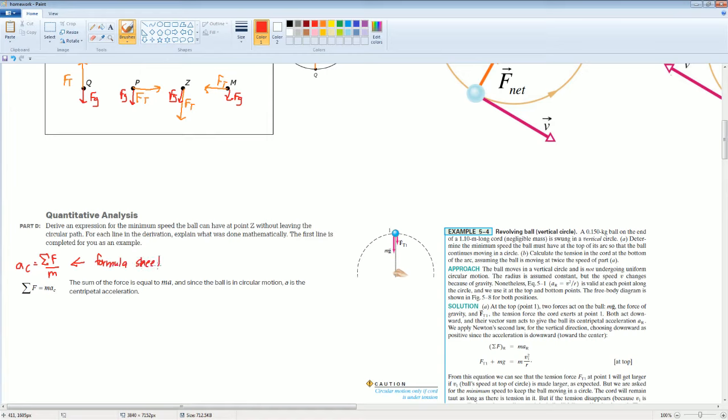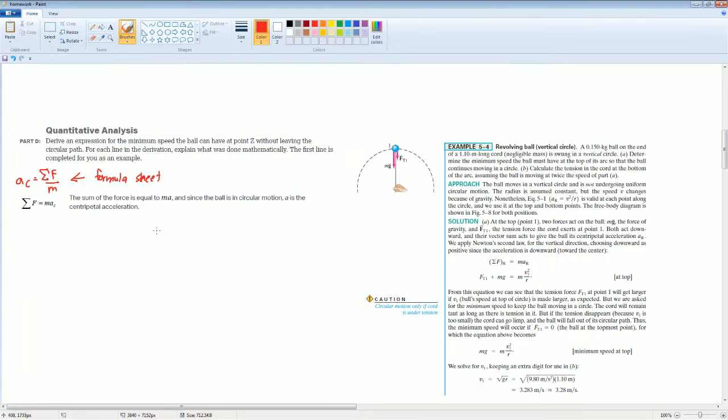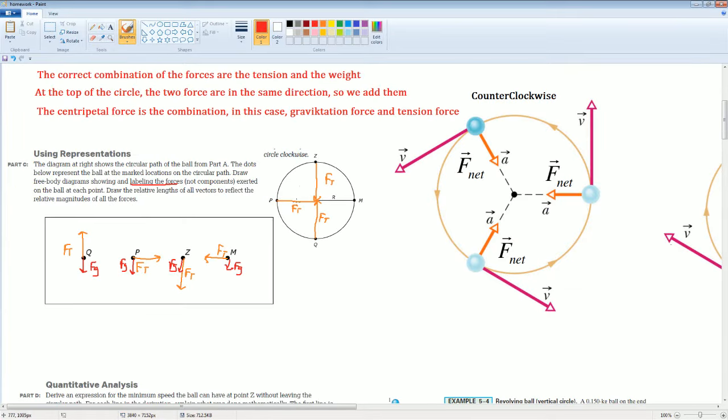Then you could multiply m to both sides to get this equation. Now you want to ask yourself, what are the two forces here? This is the ball at Z, so it's on top.